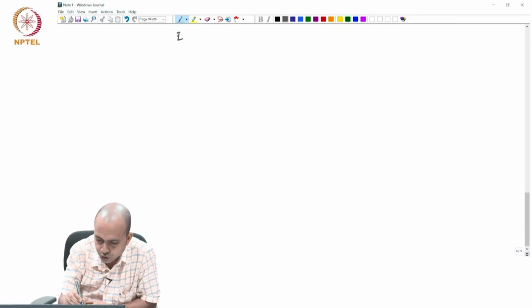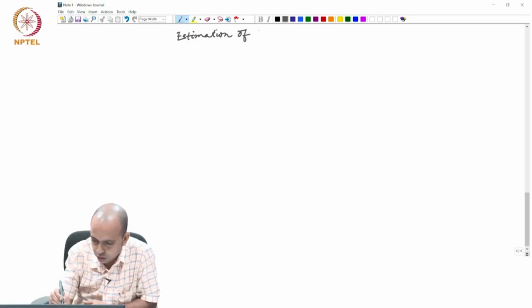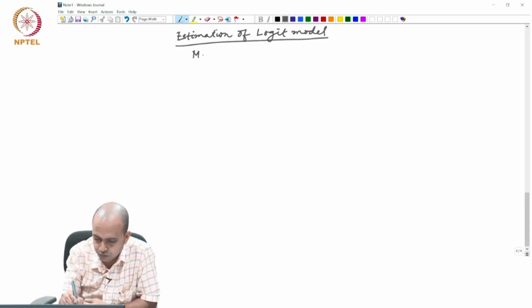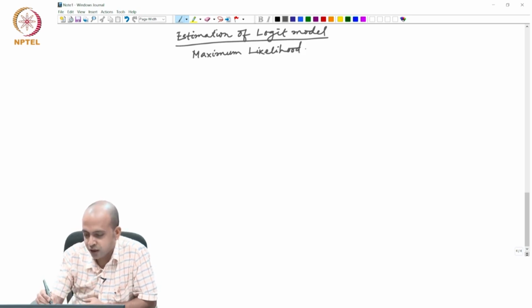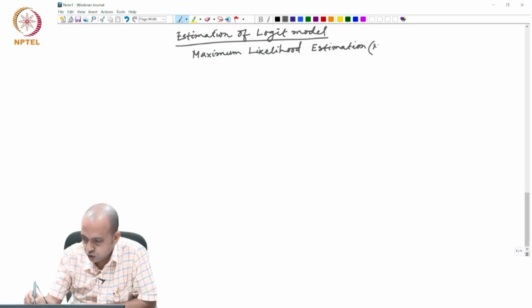We are going to discuss the estimation of the Logit model using the maximum likelihood function, or maximum likelihood estimation, in short known as MLE.